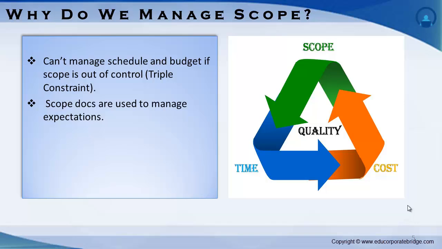Project scope change affects the other two constraints in different manners depending on the phase in which the scope change is being implemented in the project.